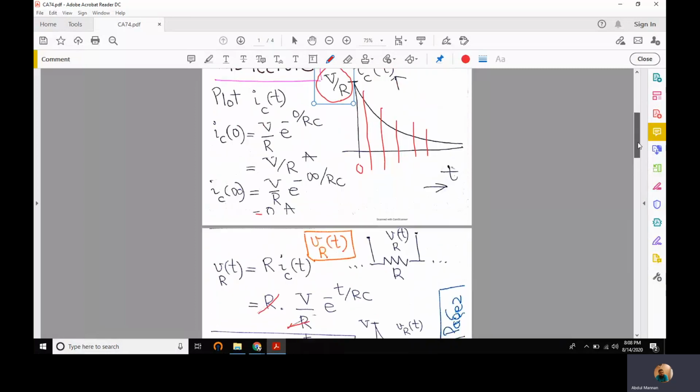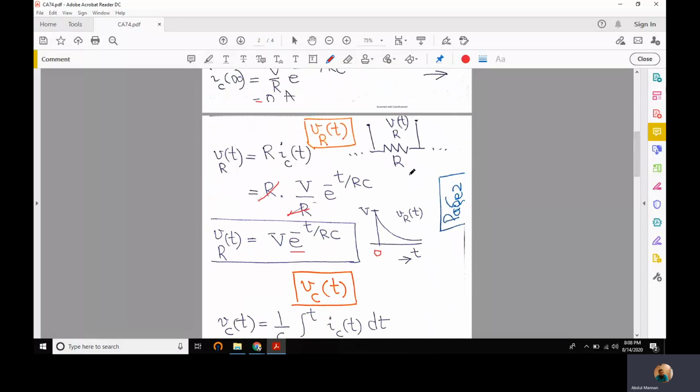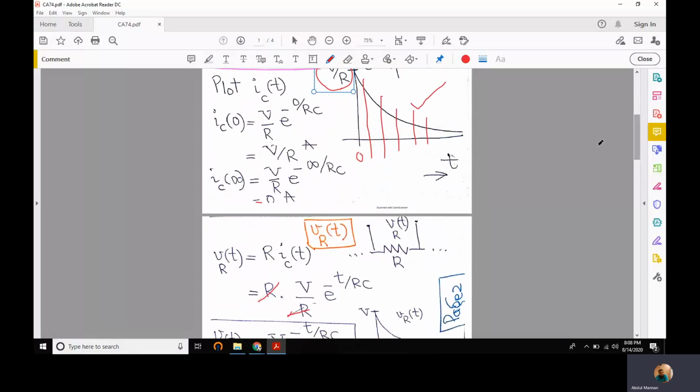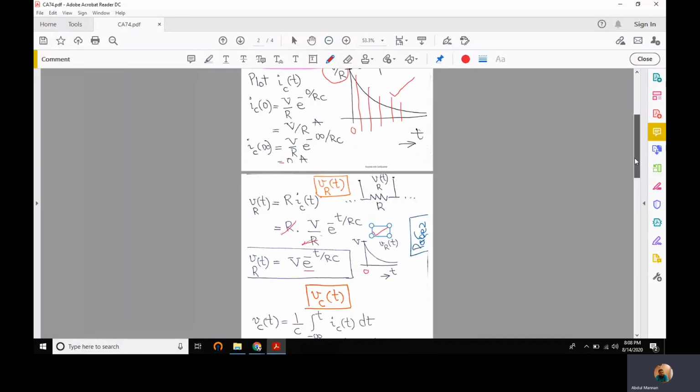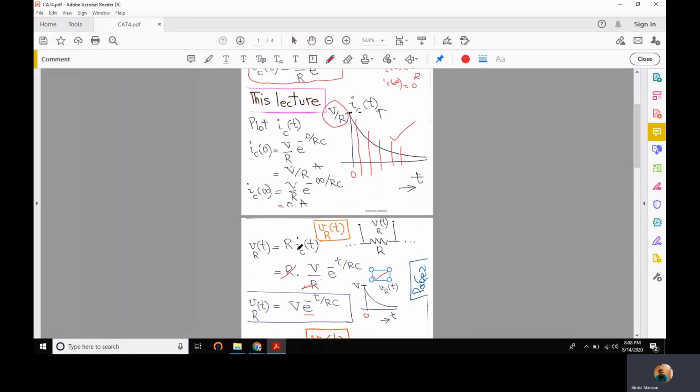But the important thing is that IC of t and VR of t both have the same shape. They have to, because we obtain VR of t by multiplying IC of t with a scalar, a constant term R. So they have the same shape, right?